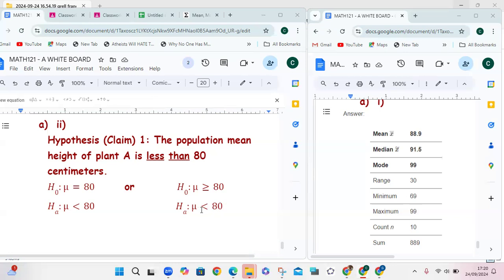The alternative is saying the mean is less than 80, which does not seem to be the case. The data is saying, no, the mean is 88.9, which is more than 80. So in that regard, it makes sense not to reject the null.